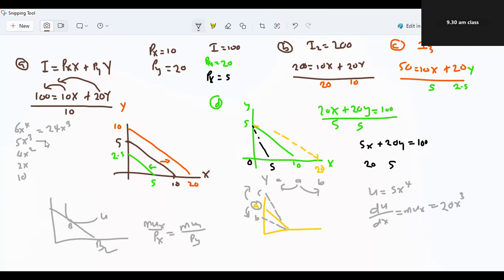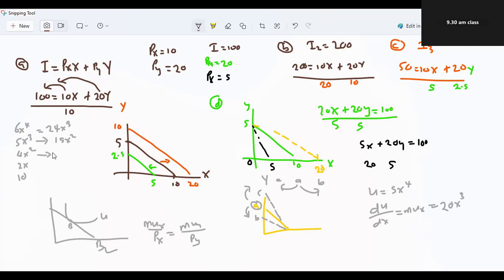Help me with this one, 5x^3. What do you get? 15x^2. Is it correct? I'm trying to teach you how to differentiate the easiest way. 3 times 5 is 15. Subtract 1 from the power, it is 2.